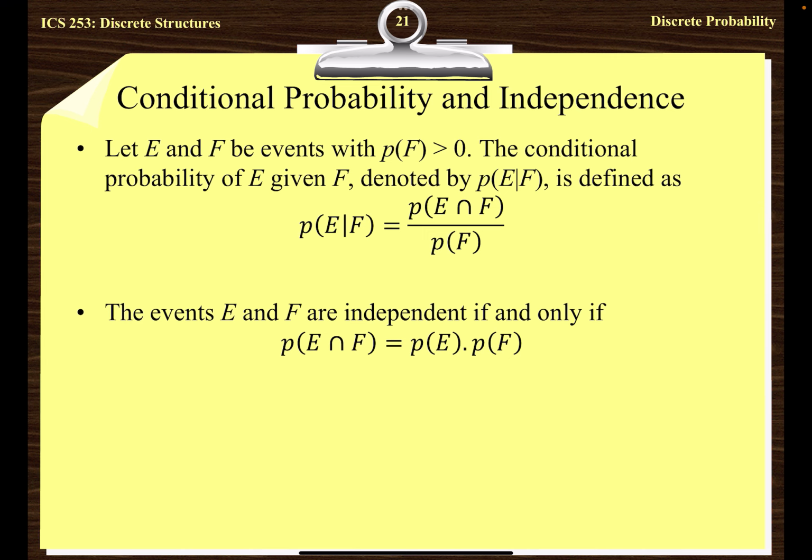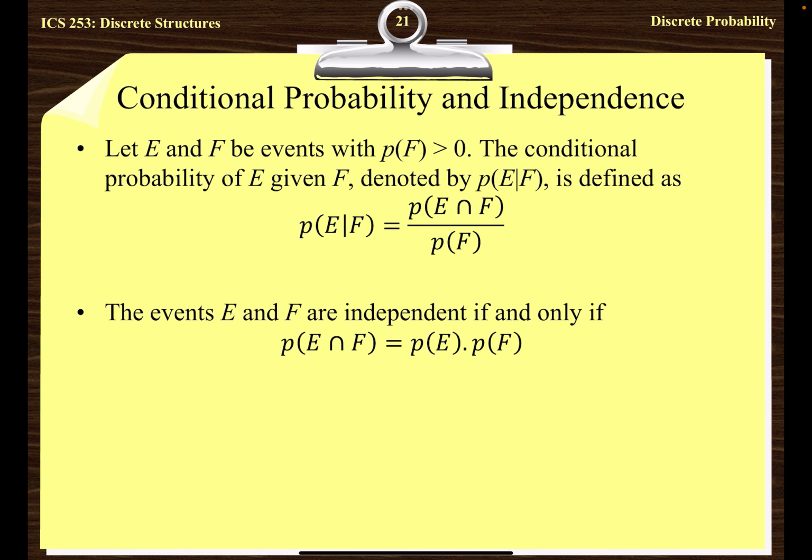Yes? They are independent. The probability of E given F would be the probability of E only. Right. Did you notice here that probability of E intersection F is by definition probability of F multiplied by probability of E given F? Right? Okay.